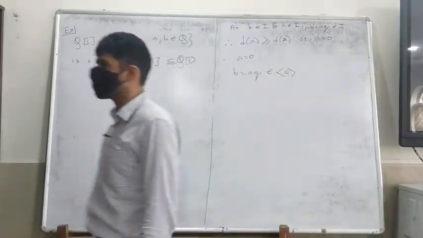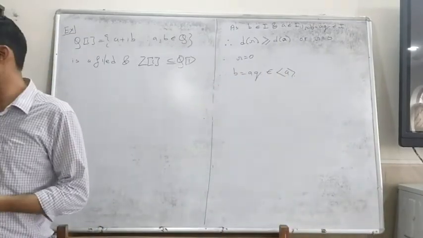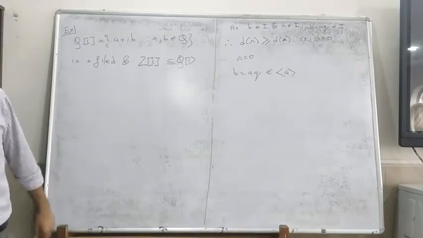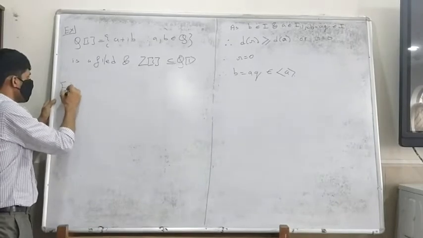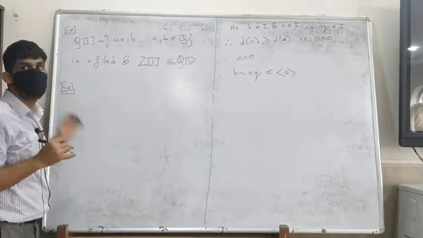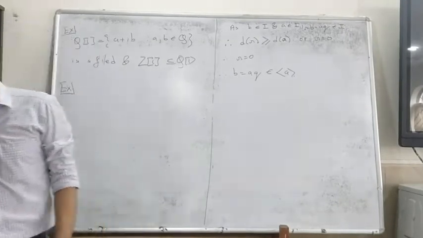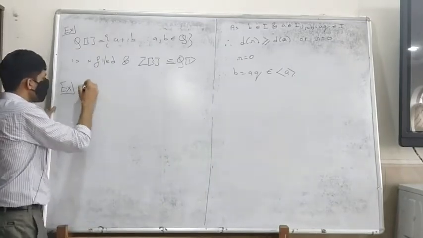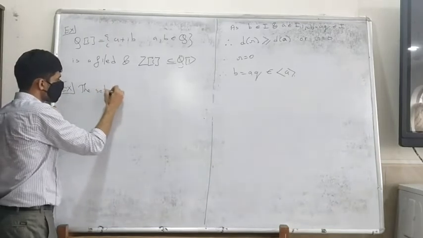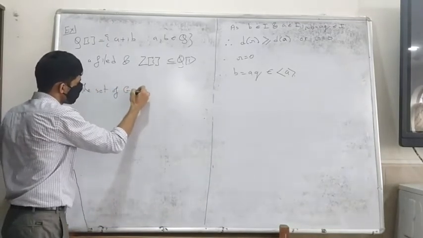I'm not interested in that part, but I want to show that Z[i] is a Euclidean domain. So I need to define a measure on it.